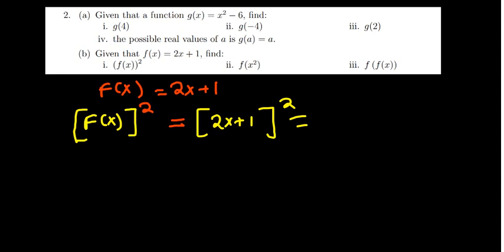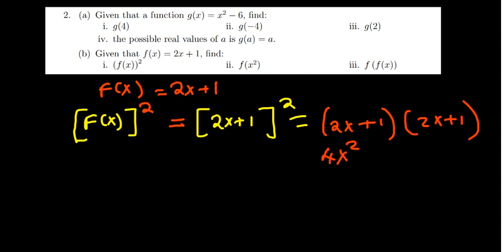So perform this normal algebraic multiplication. So we have 2x plus 1 multiplied by 2x plus 1. So let's try to multiply that. 2x times 2x is 4x squared. 2x times 1 is 2x, so it repeats to be 4x, and then plus a 1. So that's our answer.